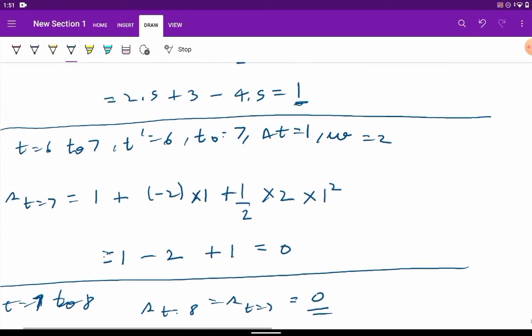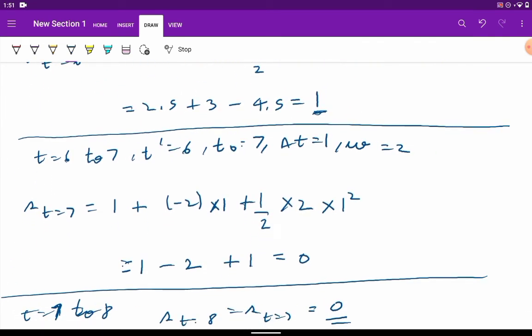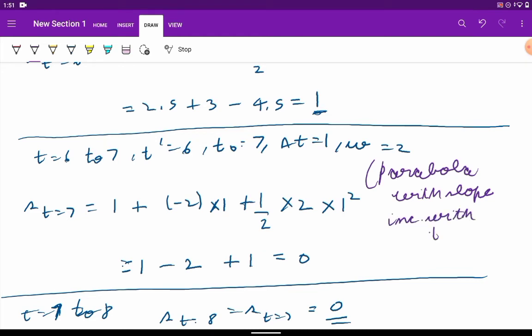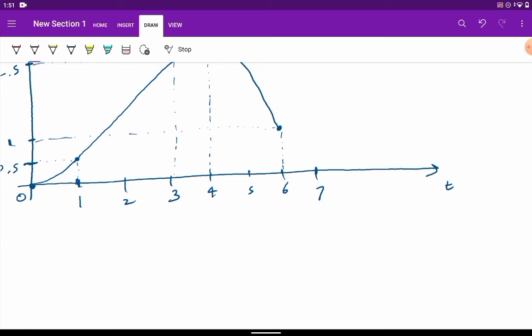And of course from t equal to 6 to 7, it is a parabola with slope increasing with time, because the acceleration is positive. Slope is nothing but velocity, so velocity increases with time, so the slope keeps on increasing till it becomes 0. I changed the color, sorry for that.